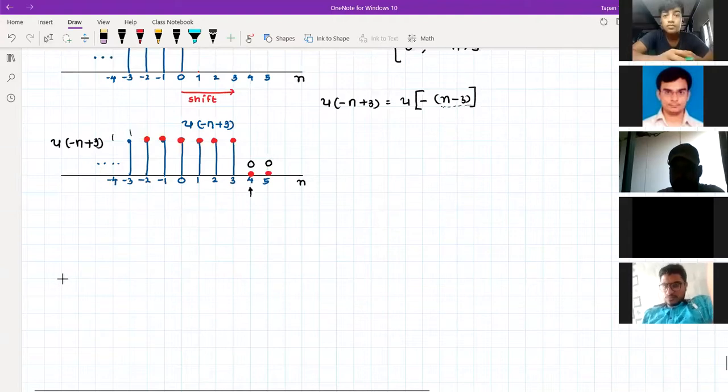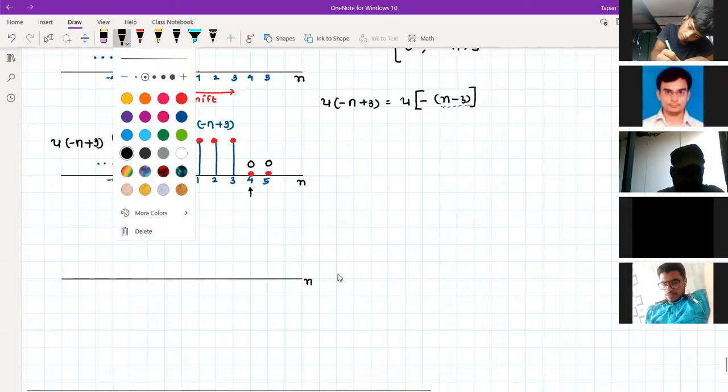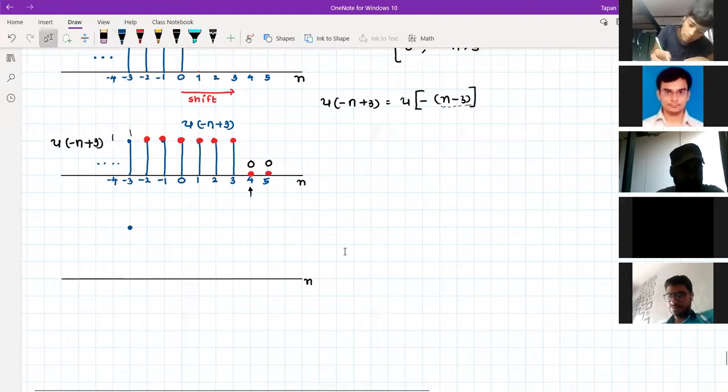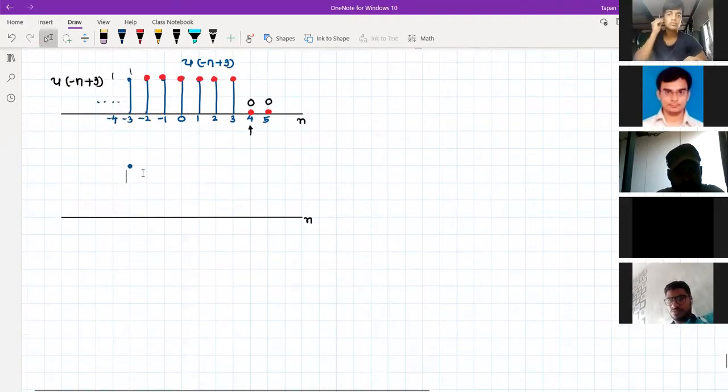the resultant sequence should look like this. Starting at minus 3. Okay, just a minute. No, not at minus 3, from minus 2, right? Because the first sequence starts from minus 2.